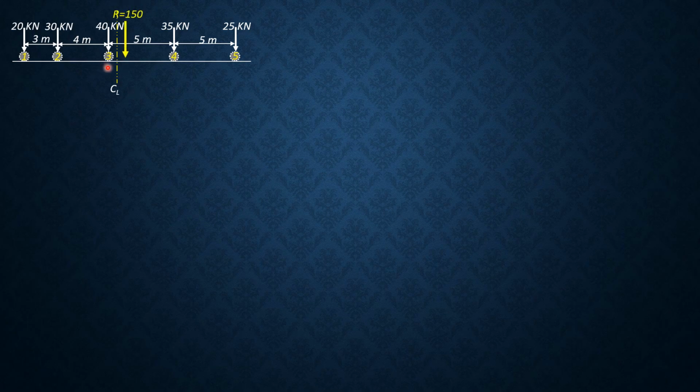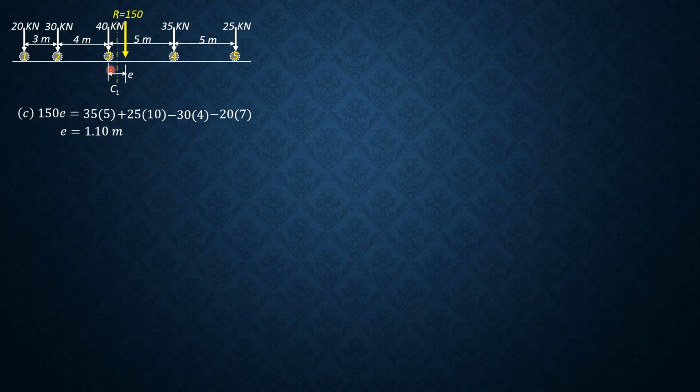The distance between R and 3 is E. So 150 times E equals 35 times 5 plus 25 times 10 minus 30 times 4, this is our reference, minus 20 times 7. So E is 1.1 meter. Therefore, E over 2 is 0.55.